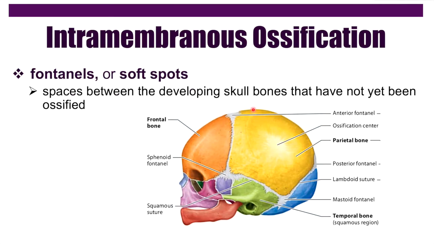These larger spaces between the developing skull bones that have not yet been ossified are called fontanelles or soft spots, which are important as they help the fetal skull pass through the birth canal. These fontanelles will soon harden as they undergo intramembranous ossification.